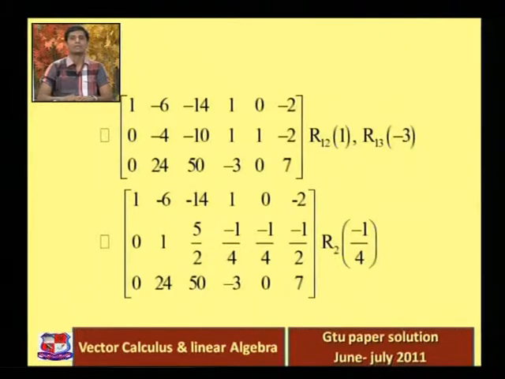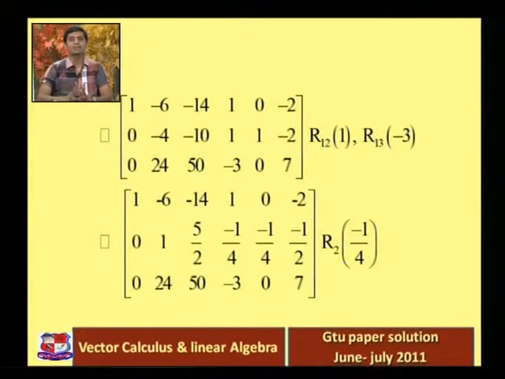Okay. Now in the second row we want to make that -4 into 1. So we multiply the second row by -1/4.